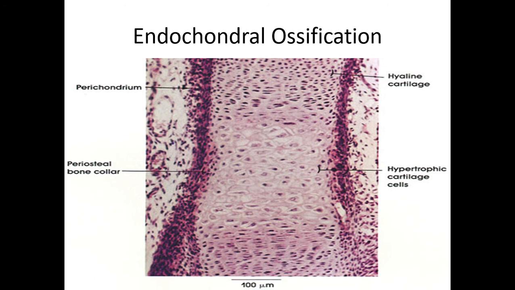So you can see here the different cells that are involved from hyaline cartilage to bone tissue. Here again the perichondrium in hyaline cartilage is involved because of the osteogenic property of the cells here. We have the young cartilage cells, which will later on form the cartilage model of endochondral ossification.